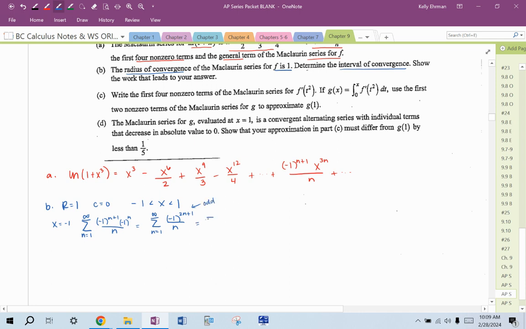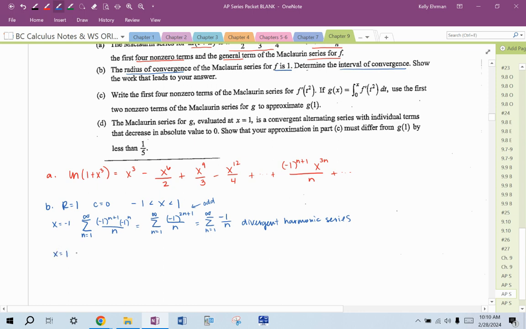So really this series is no different than the series from 1 to infinity of just negative 1. This will always be negative 1 over n. And that is a divergent harmonic series. It's the harmonic series multiplied by negative 1. So we do not include negative 1.